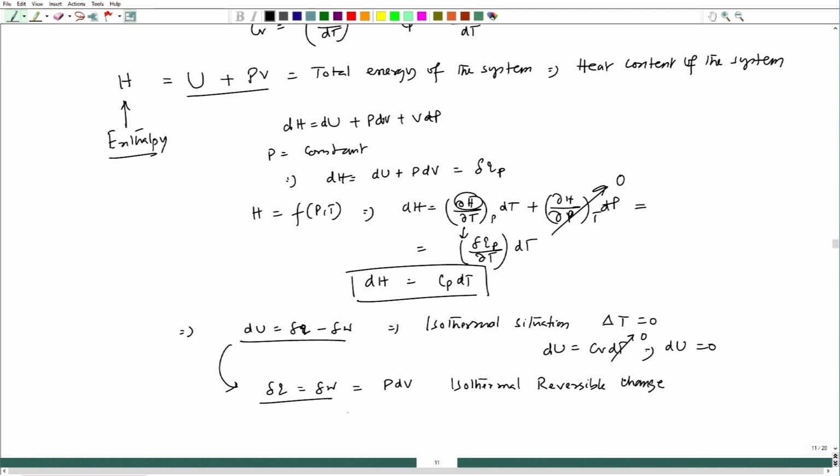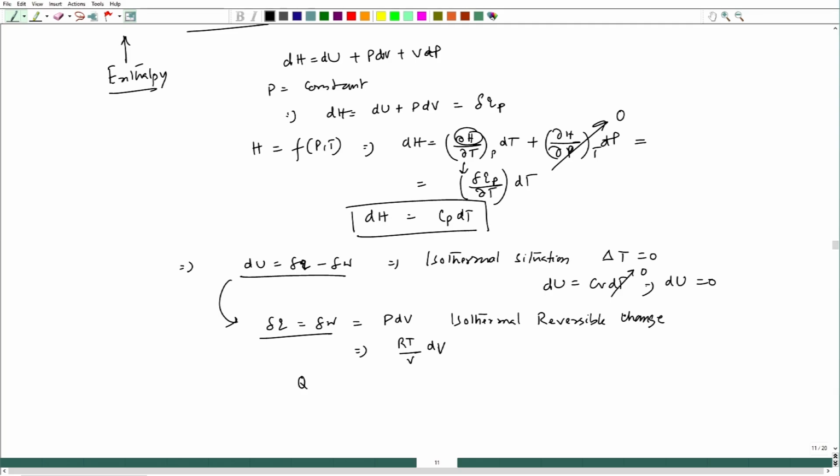Once we have this, if it is an ideal gas, since we have considered ideal gas, and 1 mole, I can write P as RT by V, so RT by V dV. So, I can calculate the total heat as the integral of RT by V dV from V1 to V2.